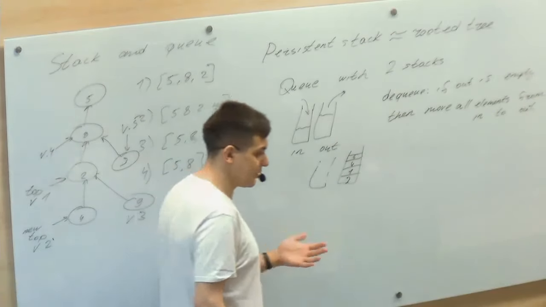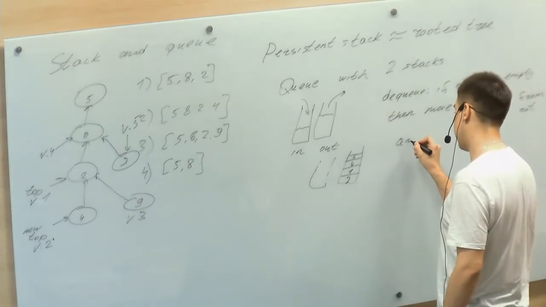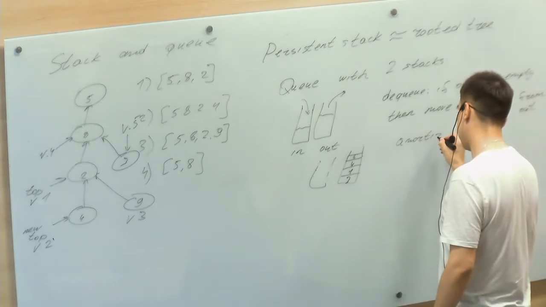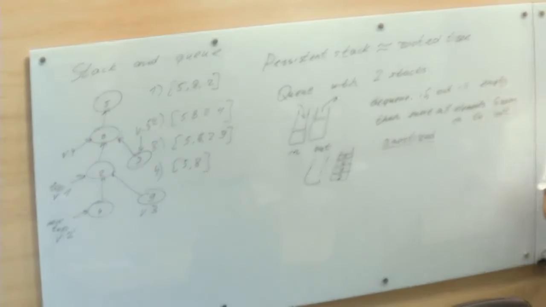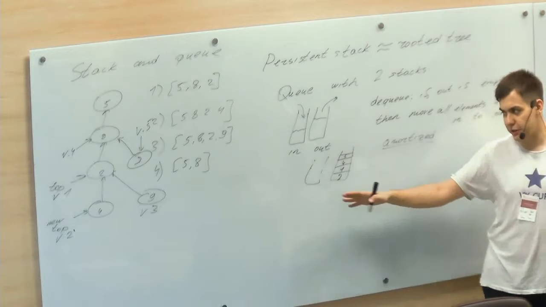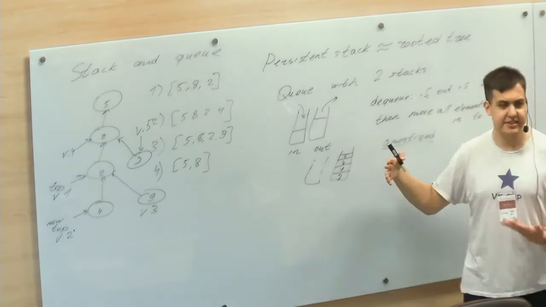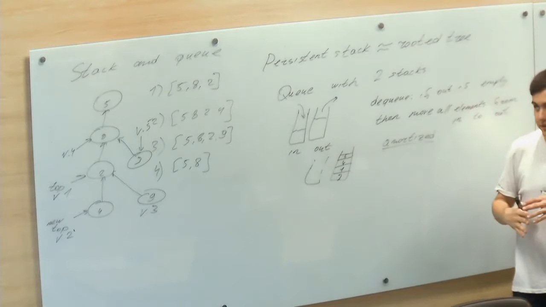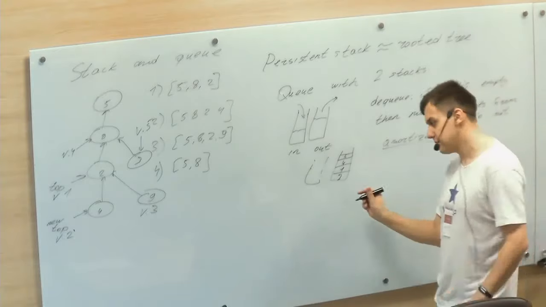The problem is in the word amortized. The word amortized ruins everything. Since if there is an operation that takes a long time, then we can create a data structure such that the next operation will also take a long time.